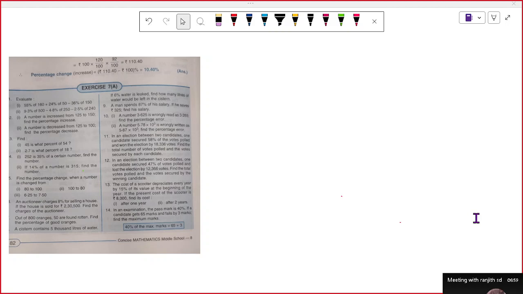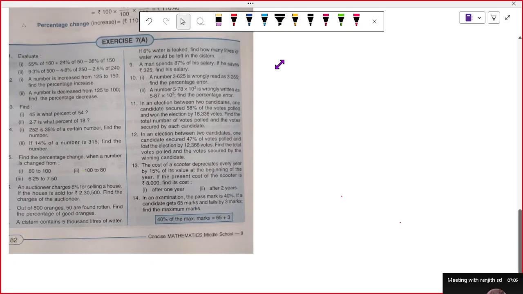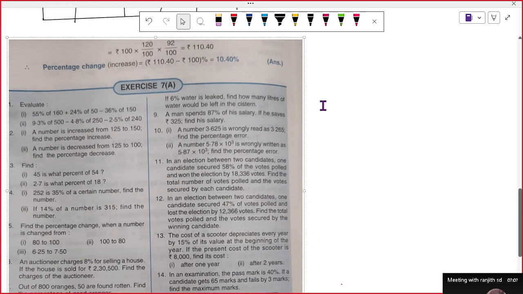Okay, third question. What is given here? A number is increased from 125 to 150. What are we supposed to find?